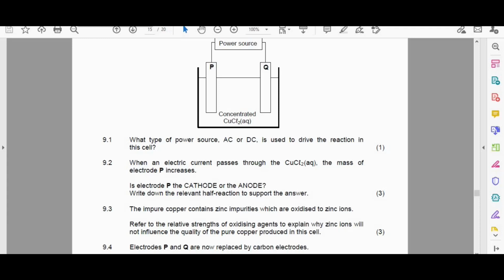So that's gain of electrons. And if I am now separating Cu and Cl2, then the substance that is being reduced, that's being collected around the electrode P, is copper. So I write down the copper 2 plus half reaction, which is found on my table.